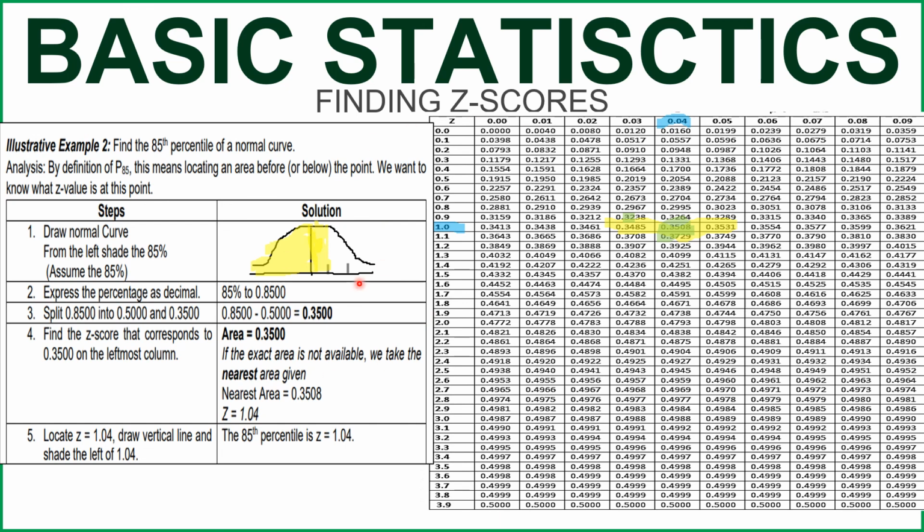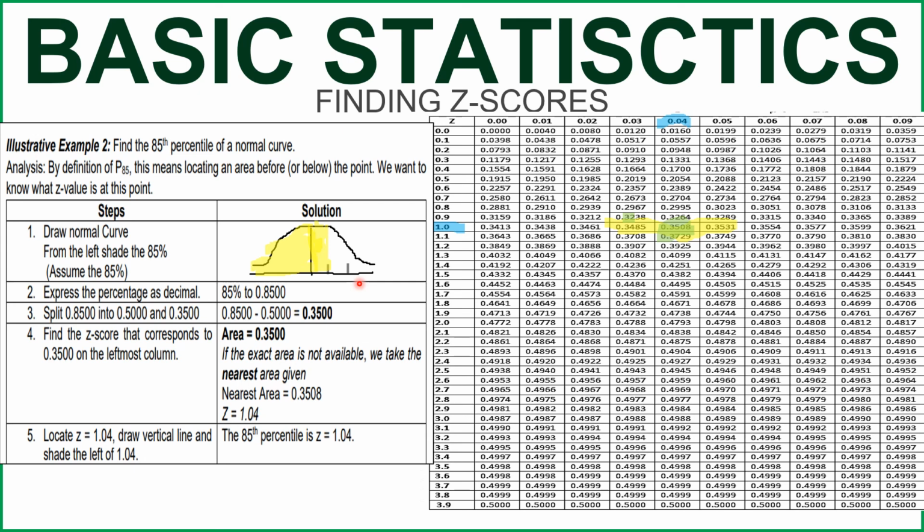5 steps lang yan. First is you draw. Second is convert percentage to decimal. Third is subtract. Kung mas mataas sa 0.5, isubtract mo yung value sa 0.5. Kung mas mababa naman sa 0.5, isubtract mo yung 0.5 sa value. So, kailangan magkamap lang tayo sa positive answer. Yun lang yung keyword sa step 3. Step 4 naman is kunin natin yung nearest area based sa area natin sa percentage.